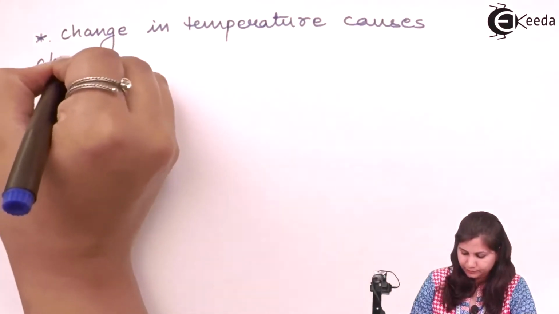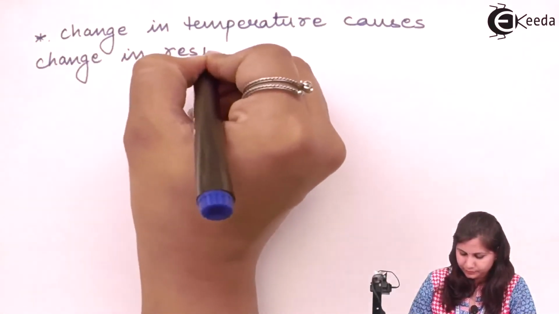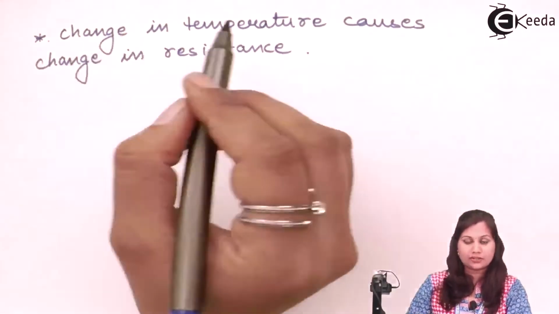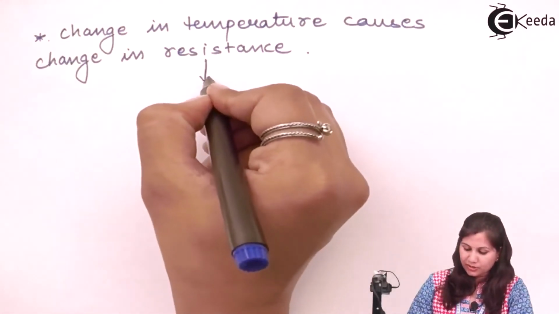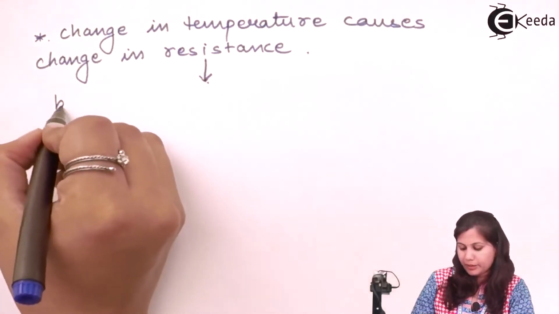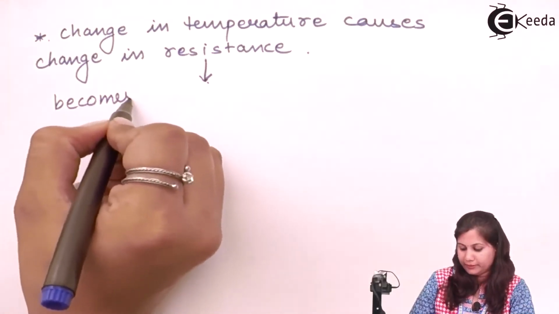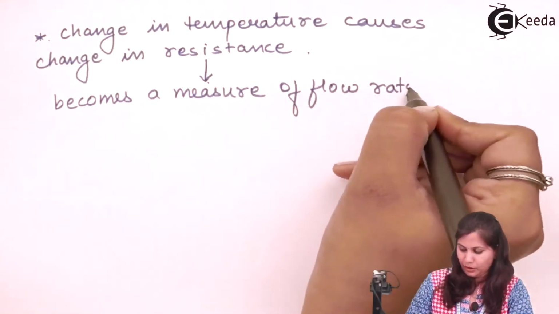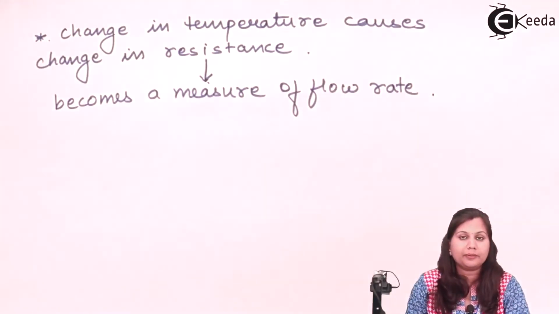So change in temperature causes change in resistance, and this change in resistance becomes a measure of the flow rate. That is the working principle or operating principle of the hot wire anemometers.